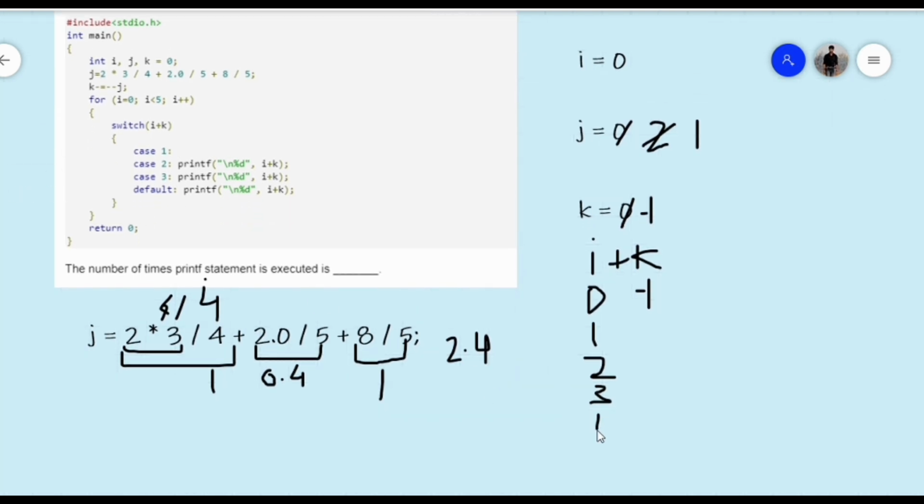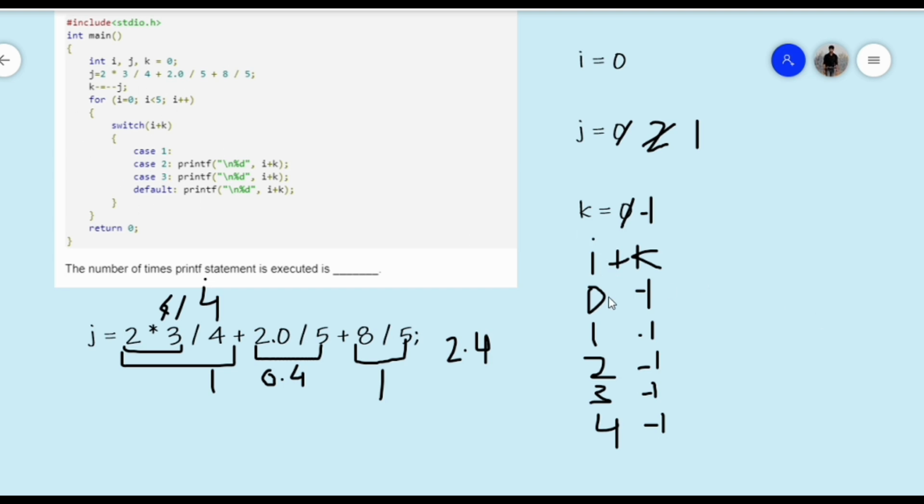And this k value will remain the same: minus 1, minus 1, minus 1 and minus 1. You can see here clearly, i value is changing and this k value will remain the same for this for loop.